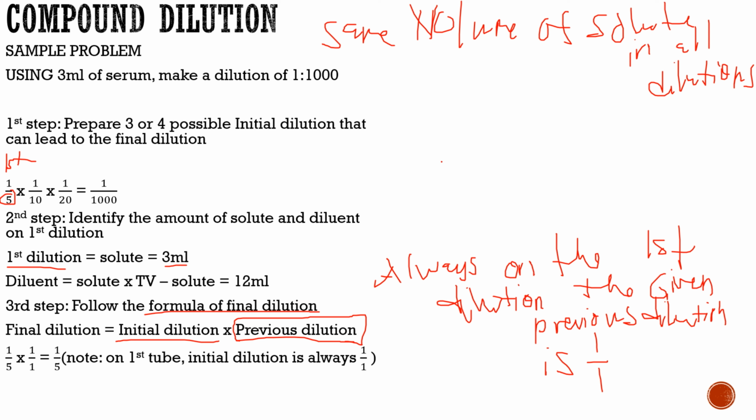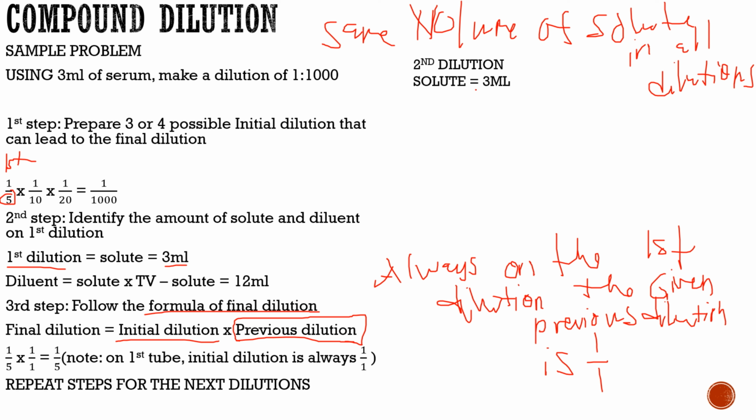And then you now proceed to the second dilution and third dilution. So just repeat the steps, class. So for the second dilution, again, identify the solute, 3 ml. Identify also the total volume, so the diluent. So this time, 3 or the solute, multiply it by the total volume minus the solute. So 3 times 10 minus 3, you get 27 ml.